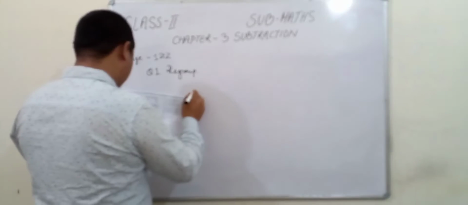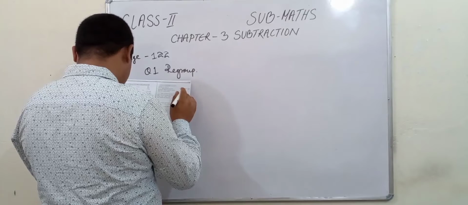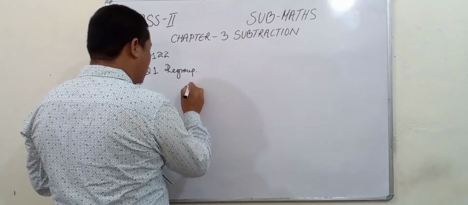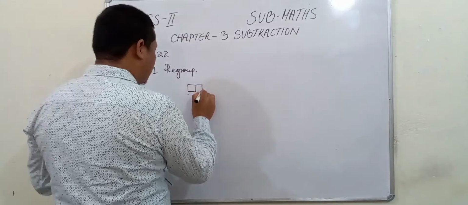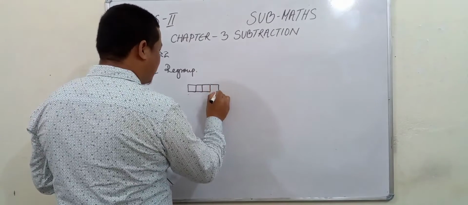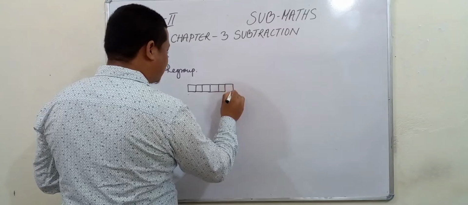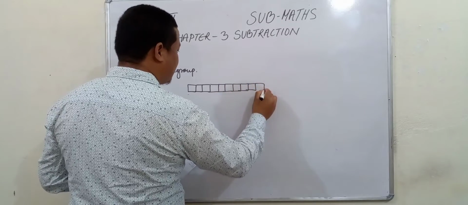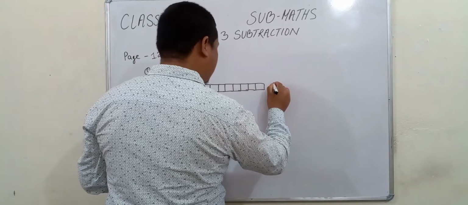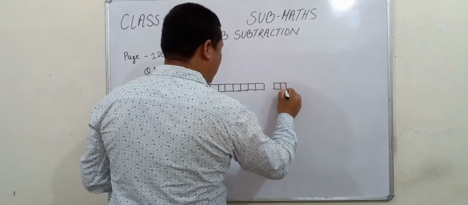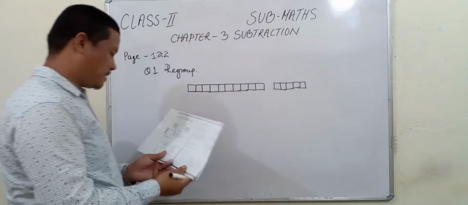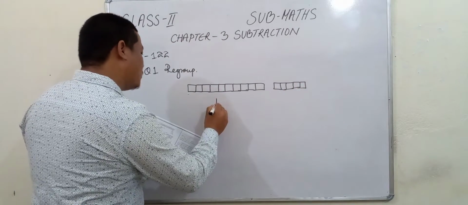Regroup. 1, 2, 3, 4, 5, 6, 7, 8, 9, 10. And here 1, 2, 3, 4, 5. Okay. So 1 ten plus 5 ones.